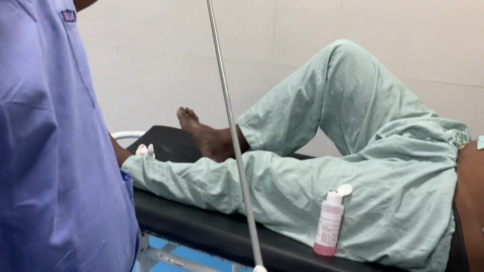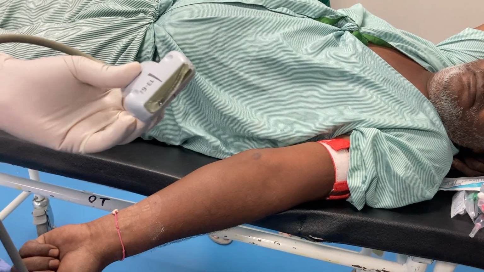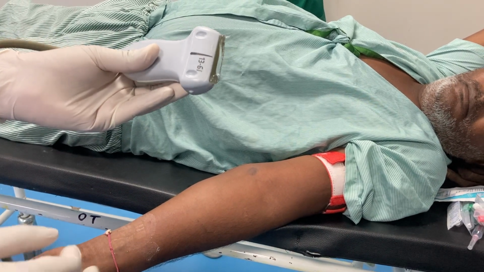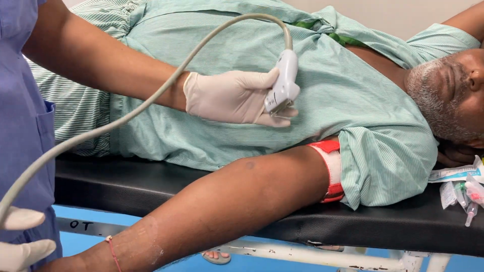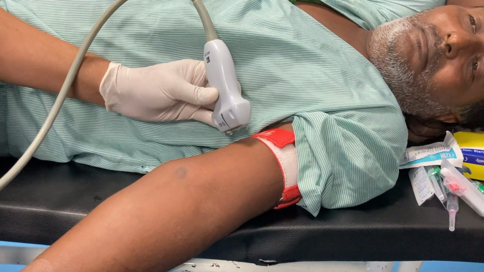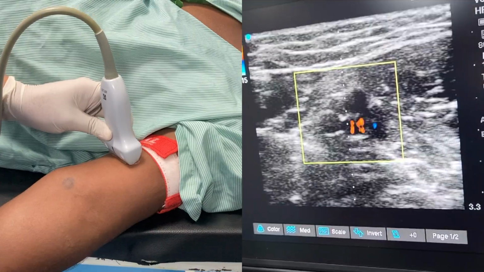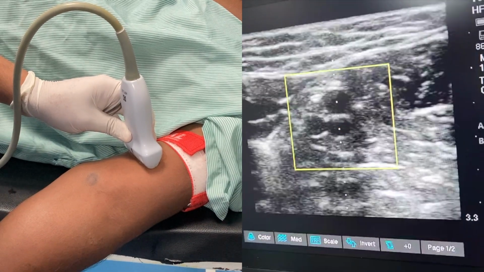So to perform the USG guided IV cannulation, we use the high frequency linear probe, and first we have to place this probe on the medial side of arm, and what you will see here, you can see a pulsatile structure, that is the brachial artery.